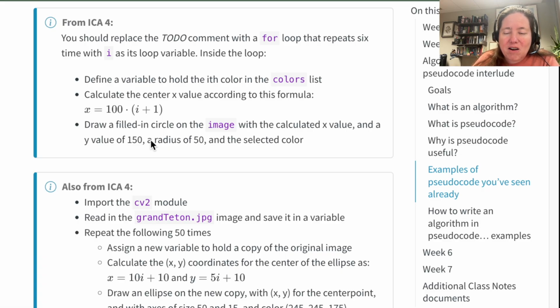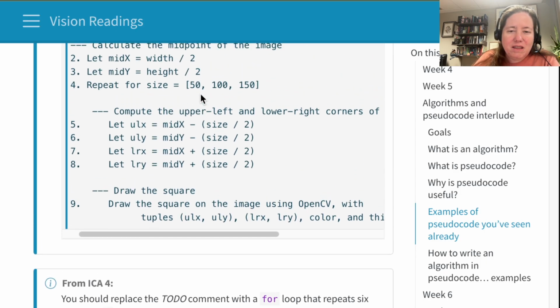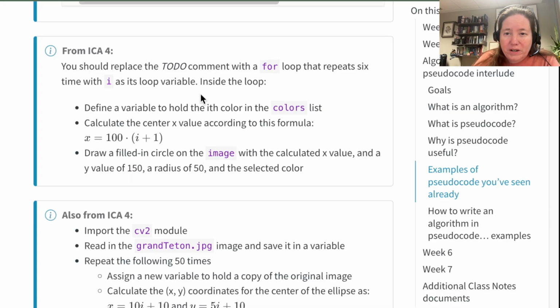And then these are the steps that we want to do inside that loop. Define a variable to hold the ith color in the colors list, calculate the center value, draw a filled in circle. Look at this and compare it to the pseudocode I did up above, and you'll see that they're similar in their level of detail, and they're also written in English with a little bit of math notation.